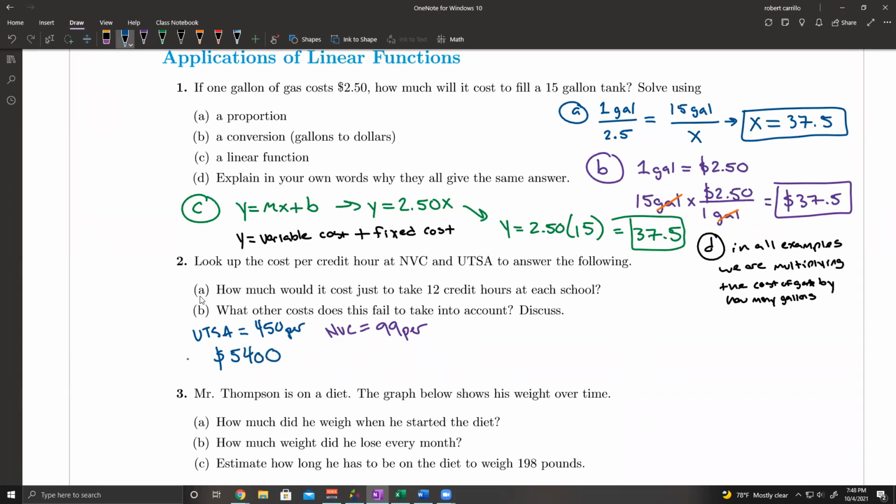And then at Vista, you will pay $1,188. That's a deal. Okay. Now that we figured that out. So UTSA full-time 5,400 and then NVC 1,188. And what other costs do you think they fail to put in there?